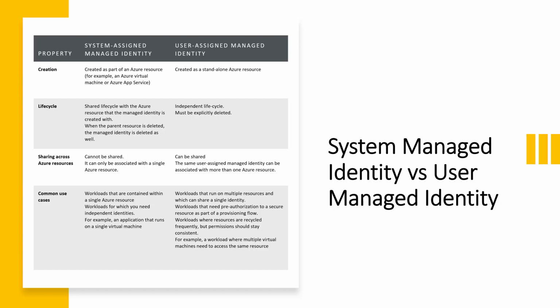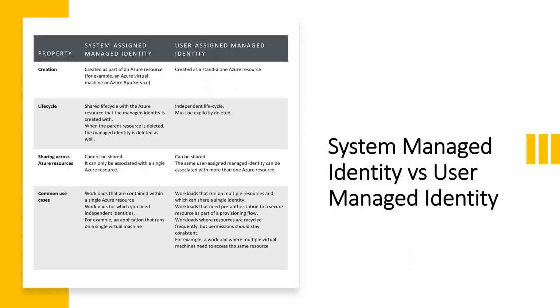The life cycle is extremely important. That's where the provisioning and deprovisioning that we talked about earlier comes into the picture, because system assigned managed identities have a shared life cycle. It is created when you create that resource or you update that resource. And when you delete that resource, it's deleted.